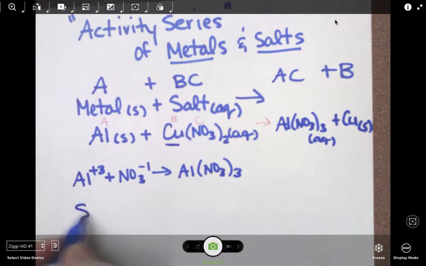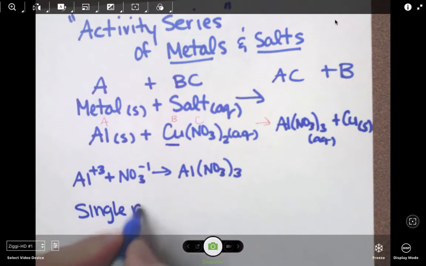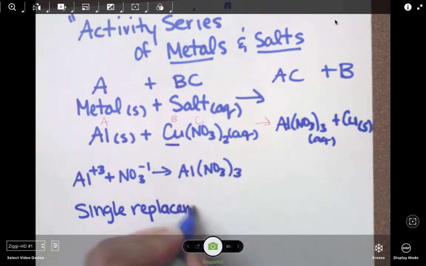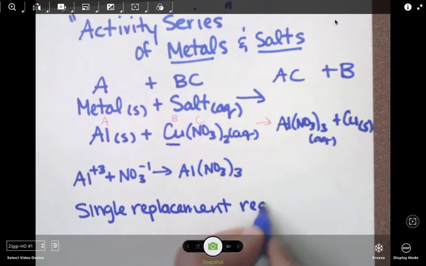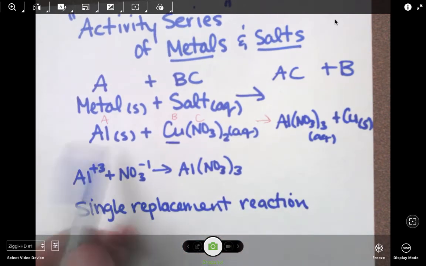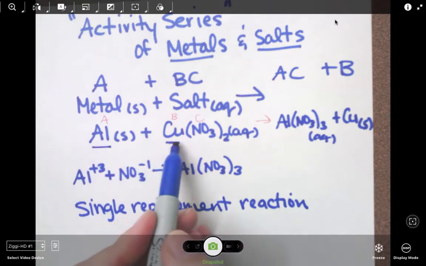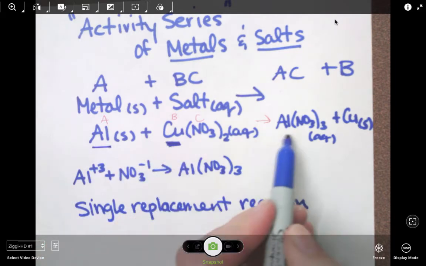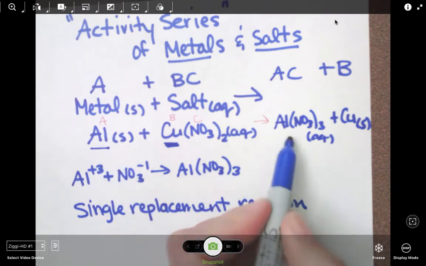This is called a single replacement reaction. The reason why it's called a single replacement reaction is because a single metal is replacing another metal in aqueous solution, right here.